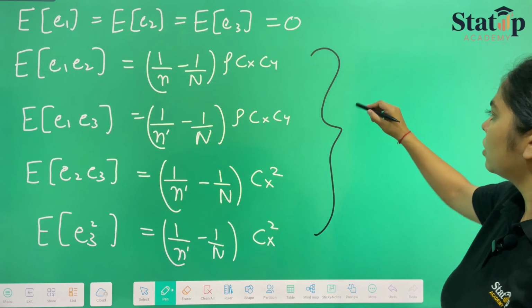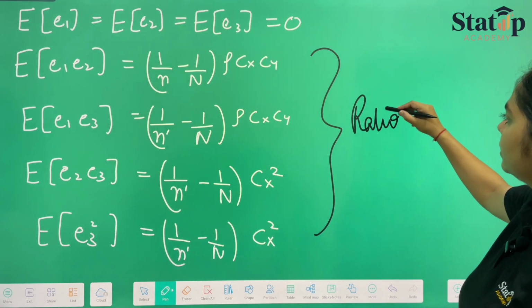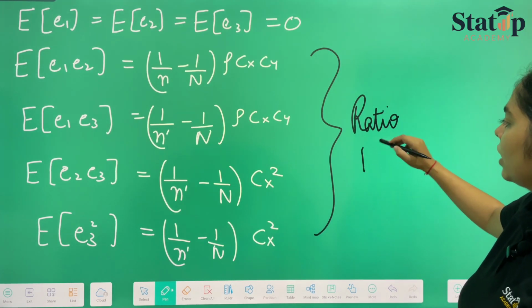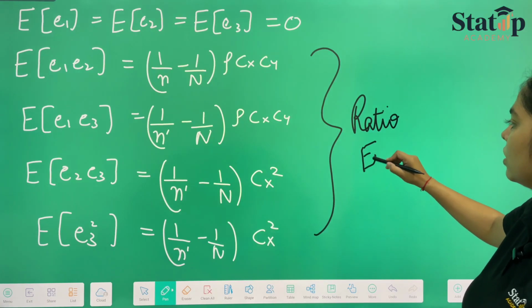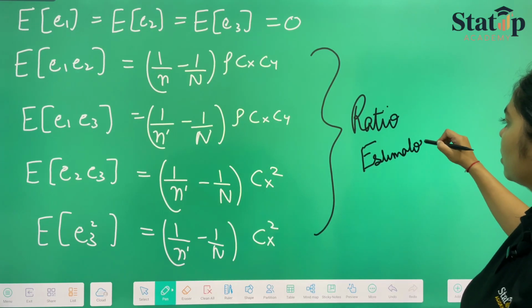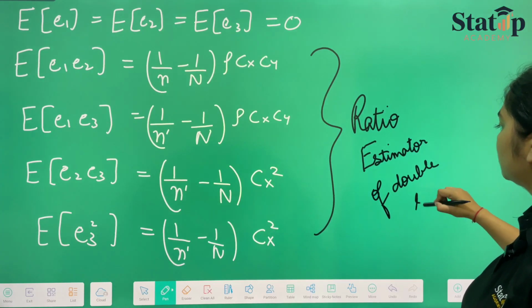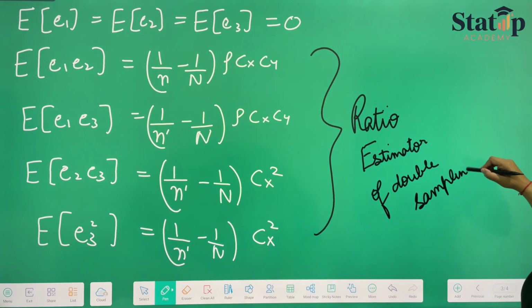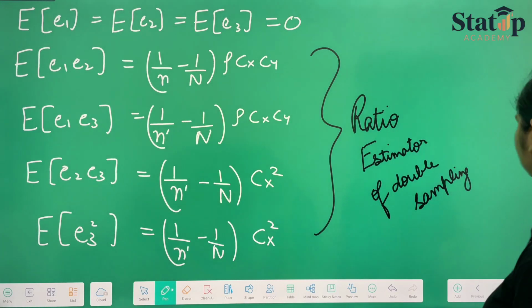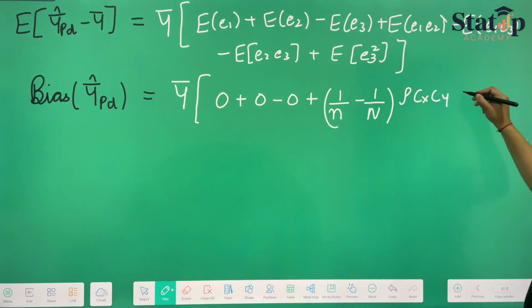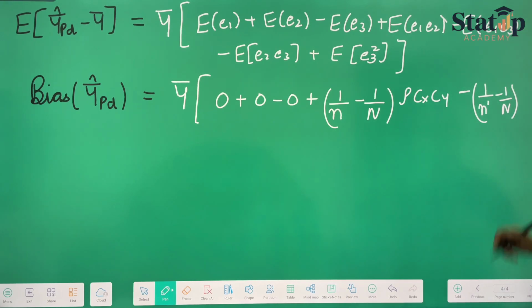So I am writing here so that you can recheck it. Ratio estimator of double sampling. Now E1 and E3 can be written as 1 upon n prime minus 1 upon capital N into rho Cx Cy.